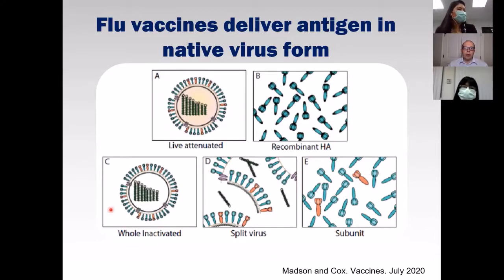There are different forms of that: either the whole inactivated virus itself, we split it up with detergents, or we even separate it into some of these subunits as well. Each of these, with the exception of recombinant HA, is a fairly crude way of immunizing people. But it's an approach that's worked, and it's served public health very well for a number of years.